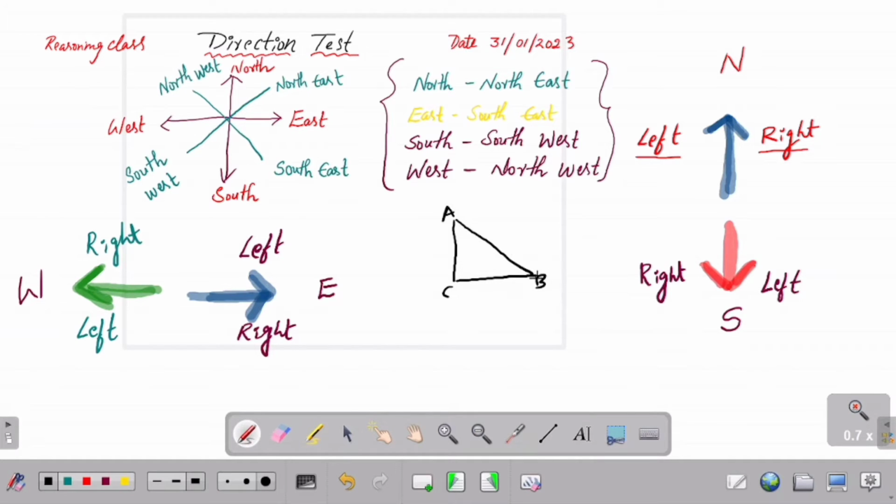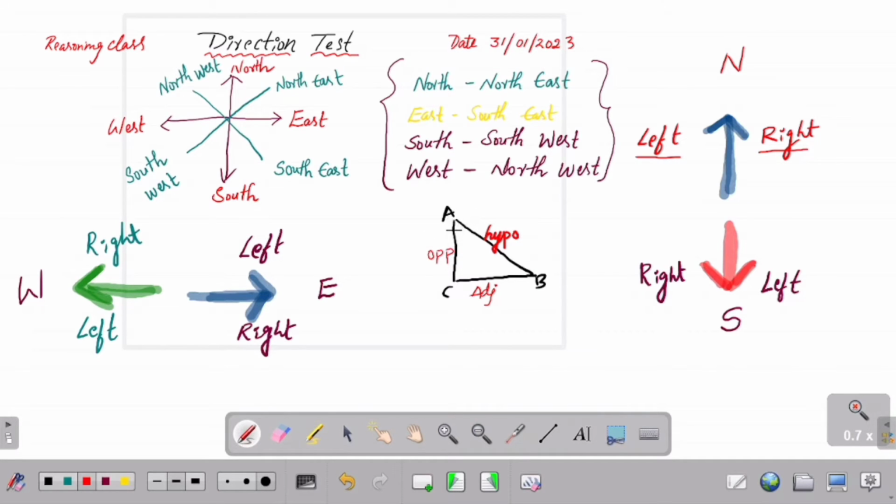Hypotenuse square is equal to adjacent side square plus opposite side square. Hypotenuse is this one, this is adjacent, and this is opposite. For your clarity, I am explaining the entire thing.